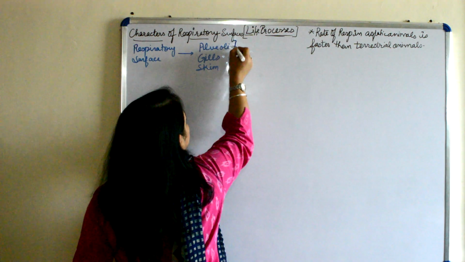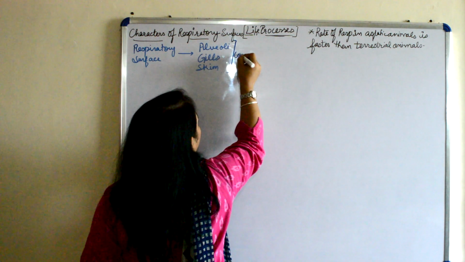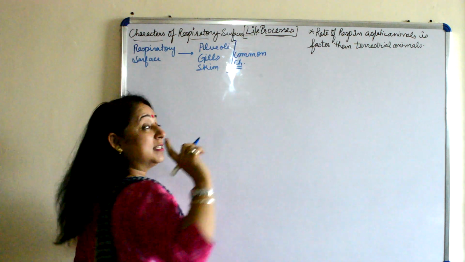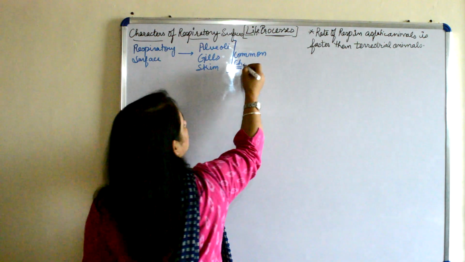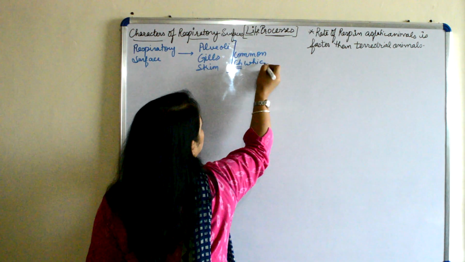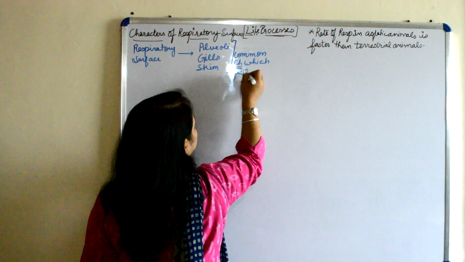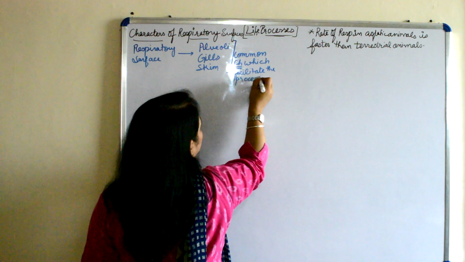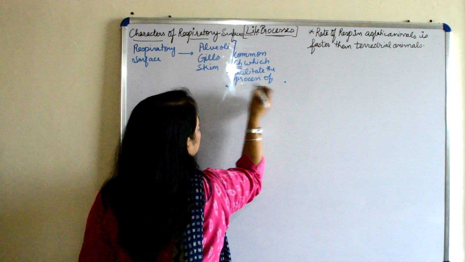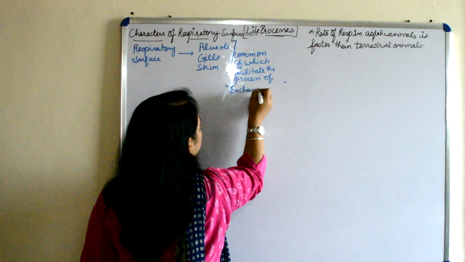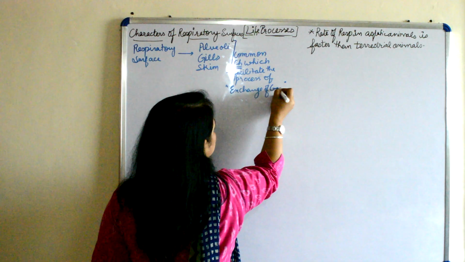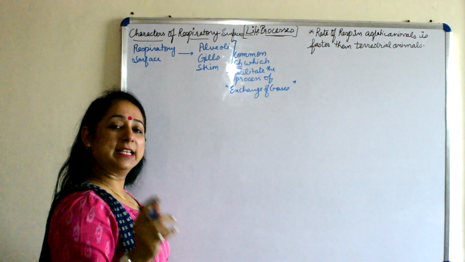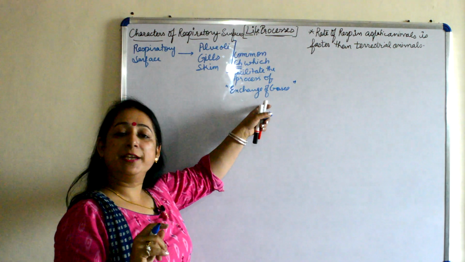Now, these respiratory surfaces have common characteristics which facilitate a very important process, exchange of gases. Very important. Why? Because your respiratory surface has to play one role: it has to lead to exchange of gases.